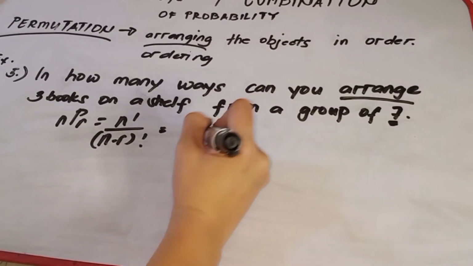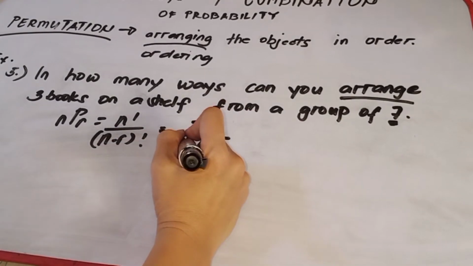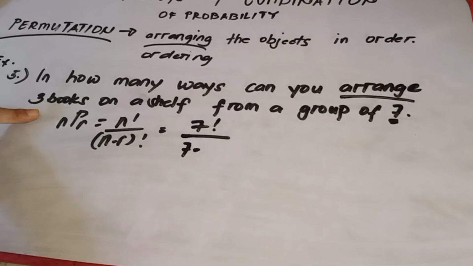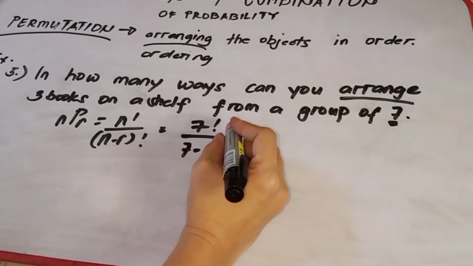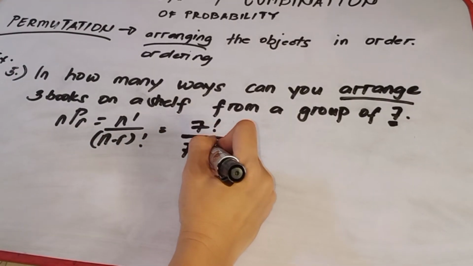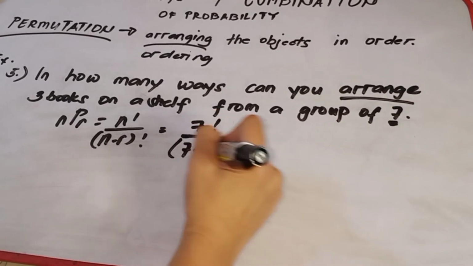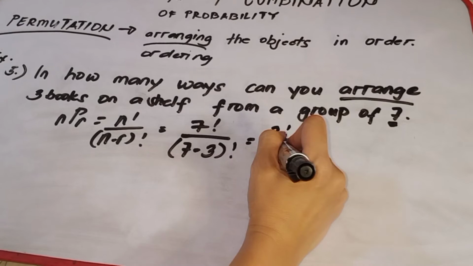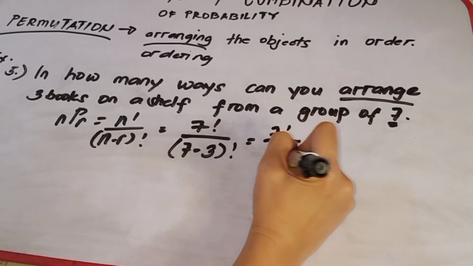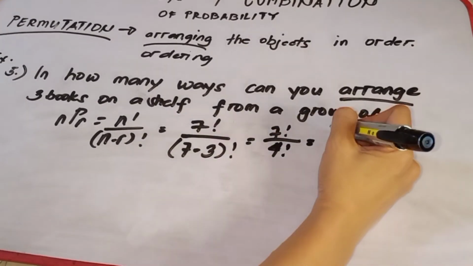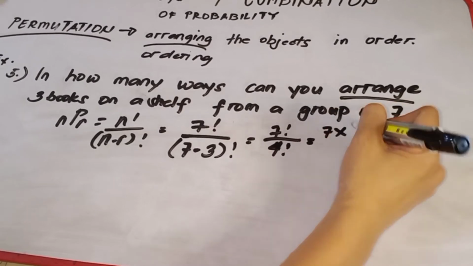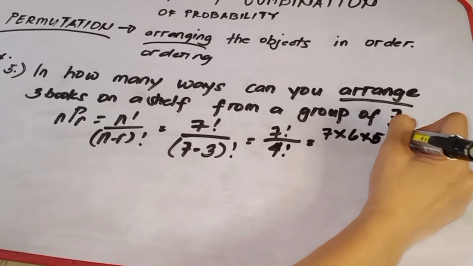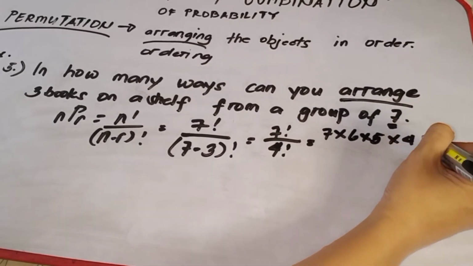So 7 factorial all over 7 minus r. So we have here 3 books on a shelf. So the items that is involved here is 3 books. So 7 minus 3 factorial. So 7 factorial, 7 minus 3, that is 4 factorial. So to simplify our answer, that is 7 times 6 times 5 times 4 factorial.